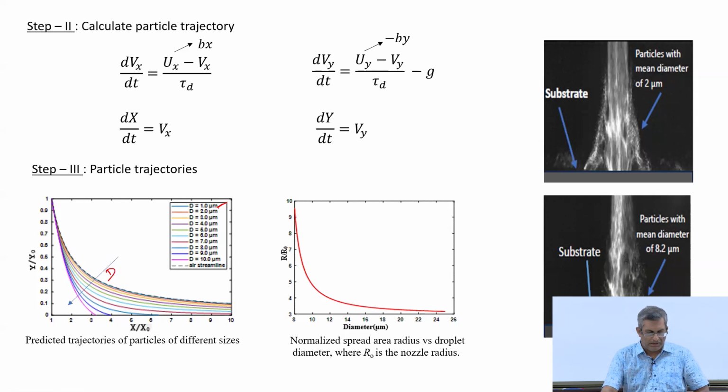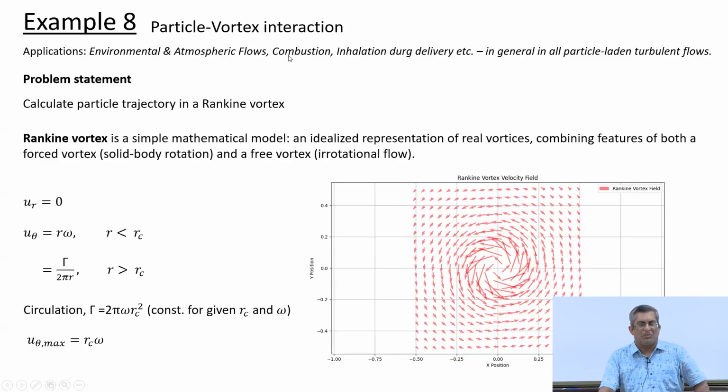Finally, we consider this example of particle vortex interaction. Interaction of particles with vortical flows occurs in many applications, including environmental atmospheric flows, combustion, drug delivery, in general all particle laden turbulent flows, because you can imagine that a turbulent flow consists of eddies of various sizes.